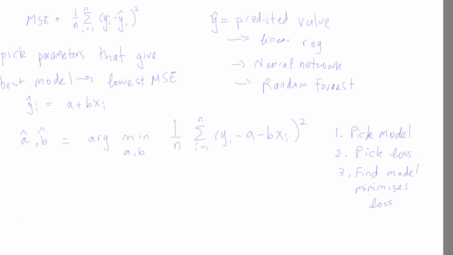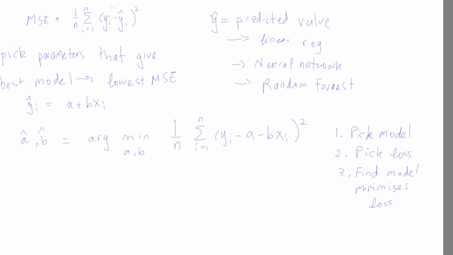You pick a model. We changed the model now. We had simple linear regression, now we have a multivariate linear regression. We pick the loss. Here we had mean squared error, but we can pick the same loss. That's a very common loss function to use, even for deep learning. And then we need to find a model that minimizes the loss. These steps are not really going to change.